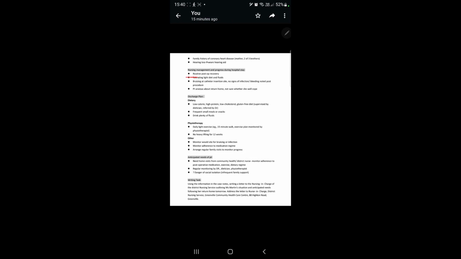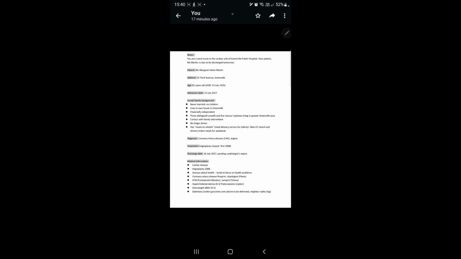Here you can see that the patient had a post-operative recovery. She was tolerating light diet and there was some bruising at the catheter insertion site, no sign of infection and so on, right? And the patient was anxious. So in this regard we can start in the case note now.